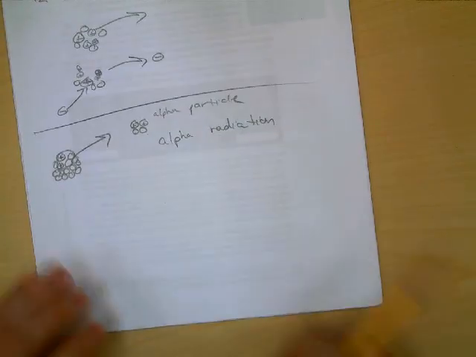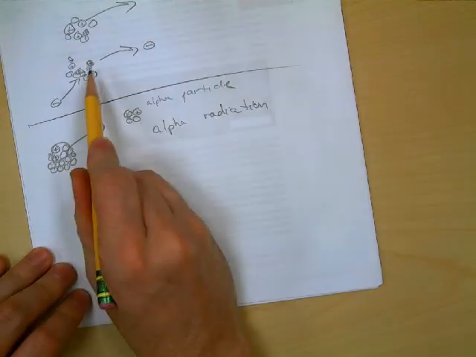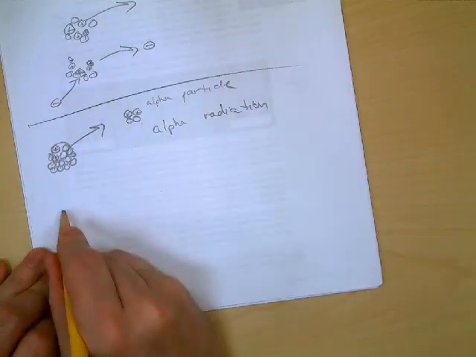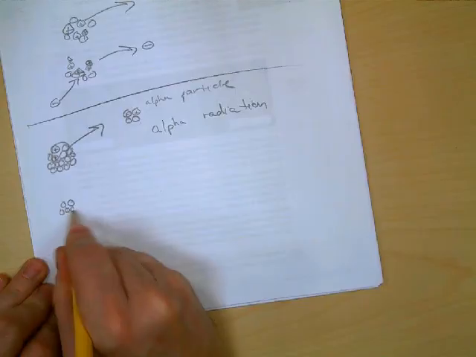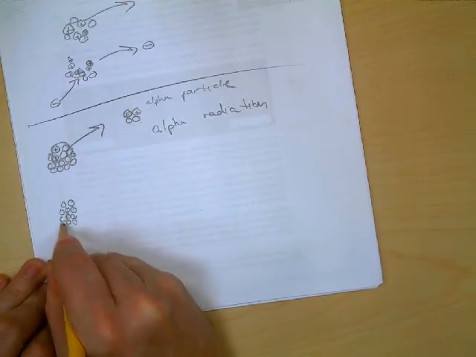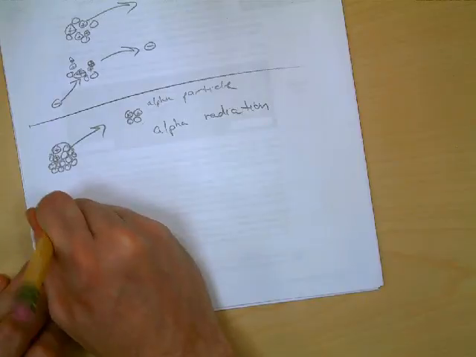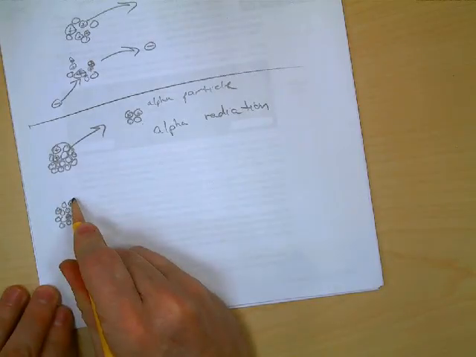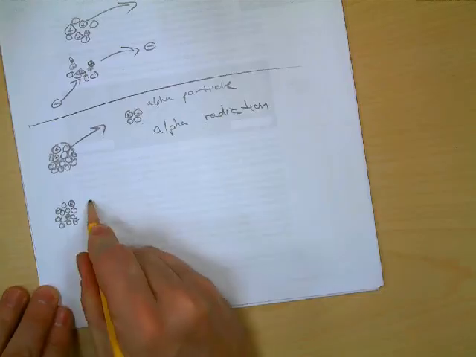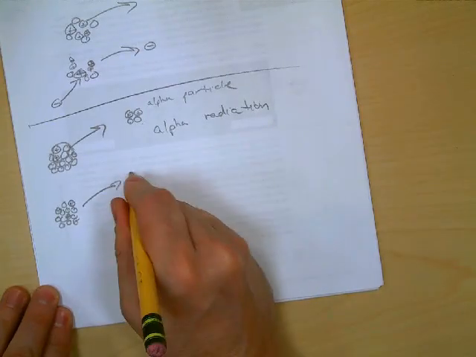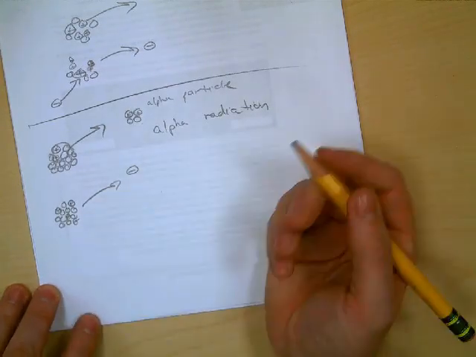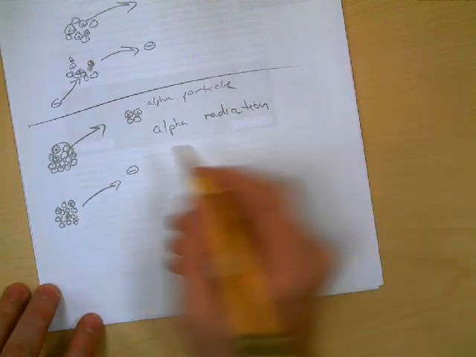Okay? Another way, and I mentioned it here, is where you shoot out an electron. Let's say you have the same big honking nucleus, and one of the neutrons shoots out a little negative particle, which would basically be an electron. We can think of it as having the same mass as an electron and the same charge.